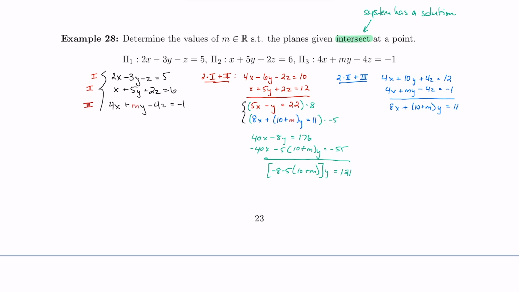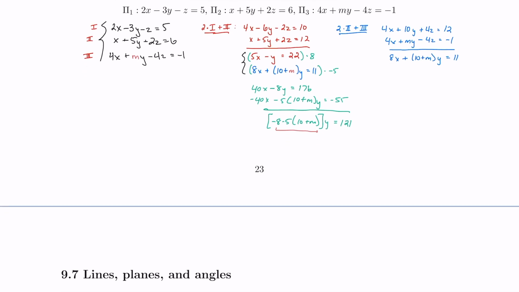Well, fortunately, the 121 is not relevant. In fact, the only thing that's relevant here is this coefficient on y. Because if I were to go solve this, this ends up in the denominator. And ultimately, I just want to make sure that this is not 0, right? Because if I'm solving for y, I don't want to divide by 0. So -8 minus 5, 10 plus m cannot equal 0.